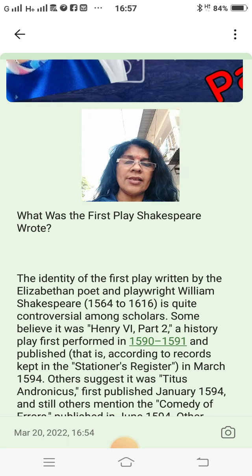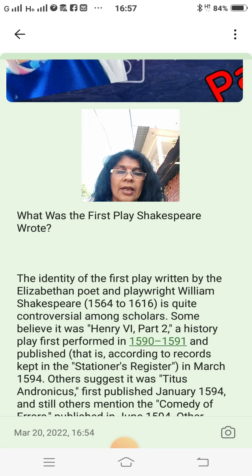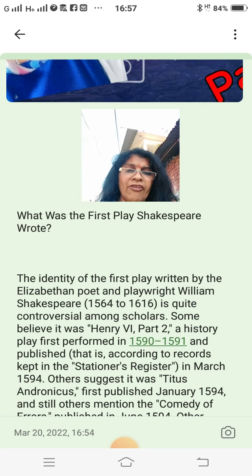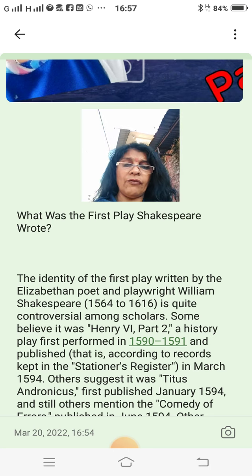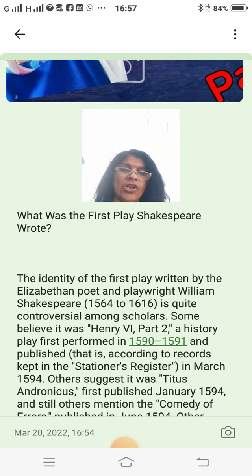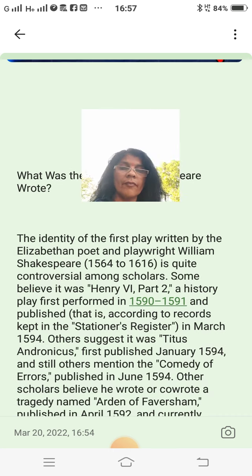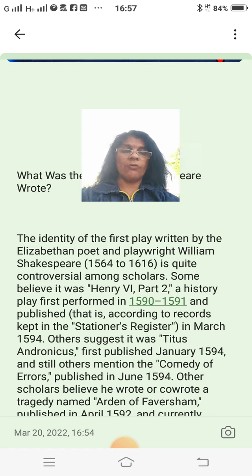Others suggest it was Titus Andronicus, first published in January 1594, and still others mention The Comedy of Errors, published in June 1594.